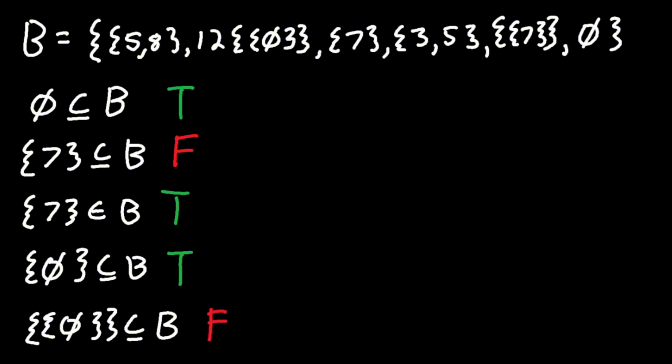But I'm going to tell you this one real quick. This is false. The null set inside of a set is not an element of B. I don't see just this anywhere inside of set B. We have 5, 8, we have 12, and we have the null set inside of a set, but we don't have just the null set inside of a set.